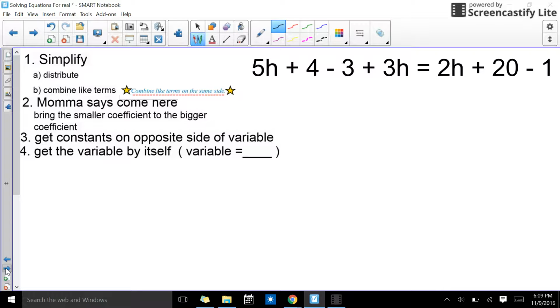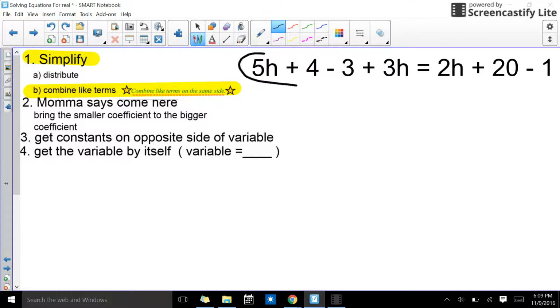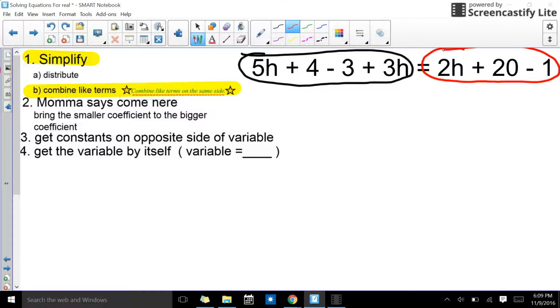Okay, remember I can only combine like terms. Our first step tells me to simplify. Oh no, I want to keep it. Sorry. Simplify, combine like terms. We can only combine like terms with each other on this side, and we can only combine like terms with each other on this side.